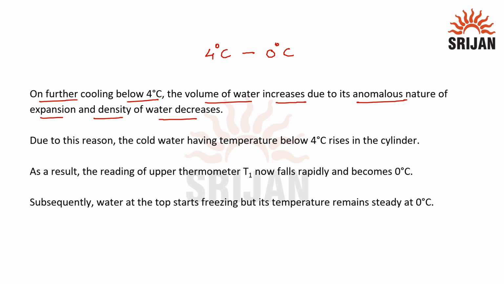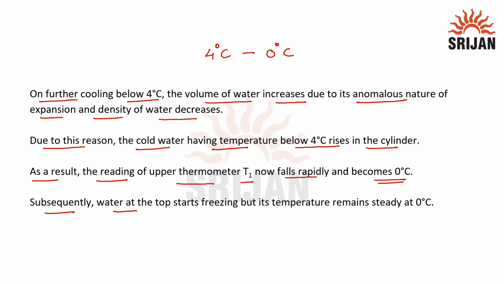That is, water shows opposite behavior. Due to this reason, the cold water having temperature below 4 degrees Celsius rises in the cylinder. As a result, the reading of the upper thermometer T1 now falls rapidly and becomes 0 degrees Celsius.